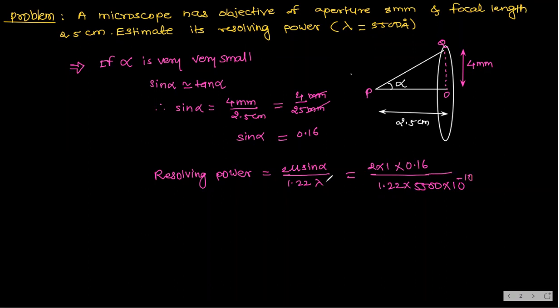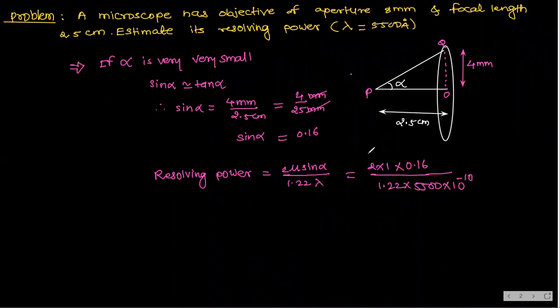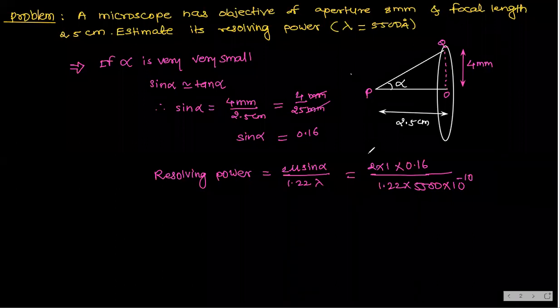Can you do it now? Narayan, 4.769. Okay.